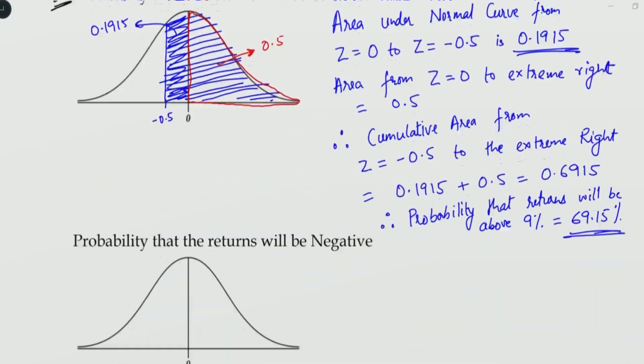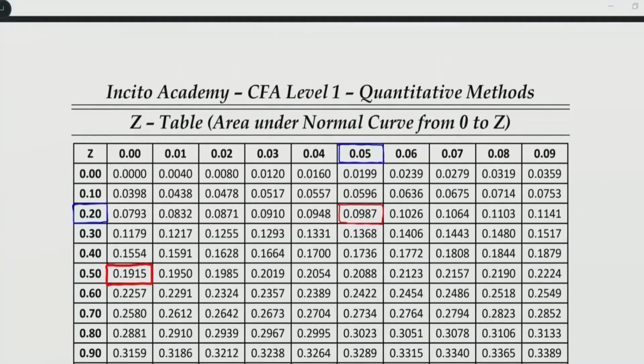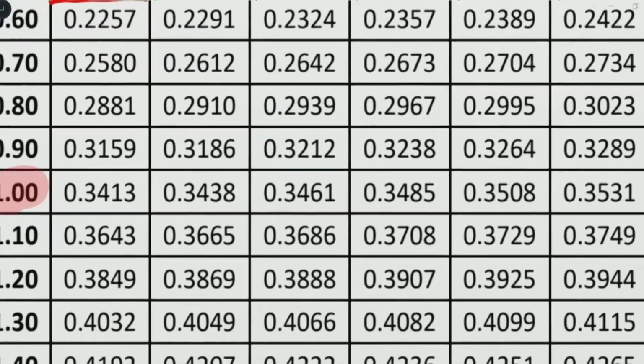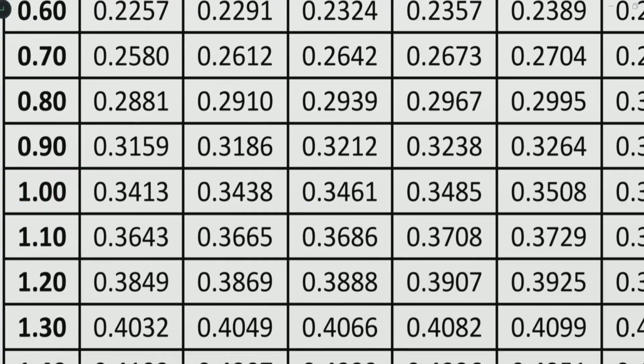Let us refer to the first version of the Z table, where it is the area under normal curve from 0 to Z, and the Z value this time is exactly 1. So exact 1 over here. Look at this. The required probability will be 0.3413.